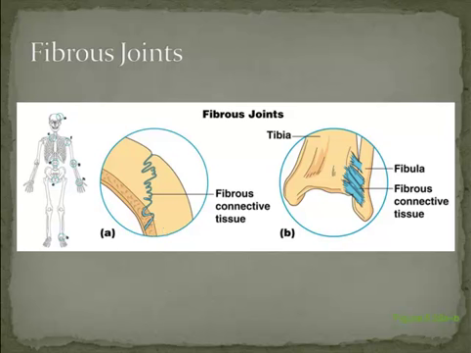Okay, we also have over here the tibia and the fibula, and this is the distal end, remember? So distal means farther away from the body. So this is going to articulate down here. This is going to articulate with the bones of the foot. And here we have another fibrous joint. So those are examples of fibrous joints. Again, generally going to be synarthrotic joints.